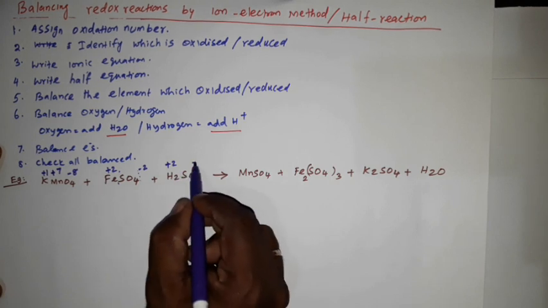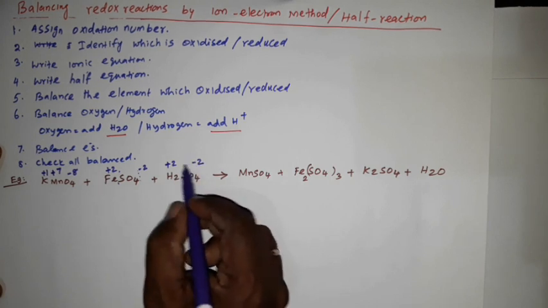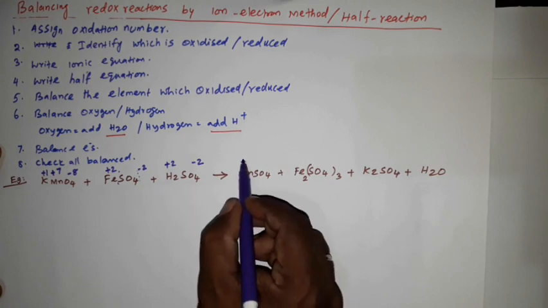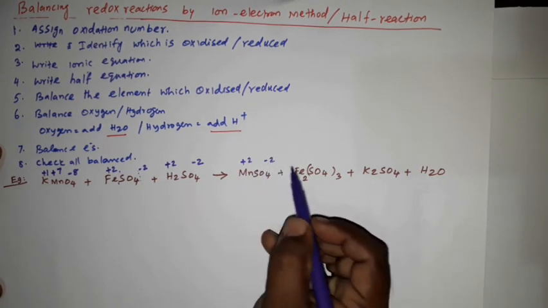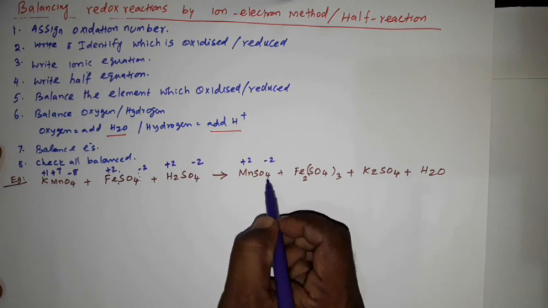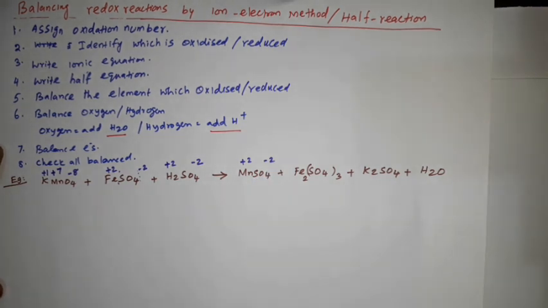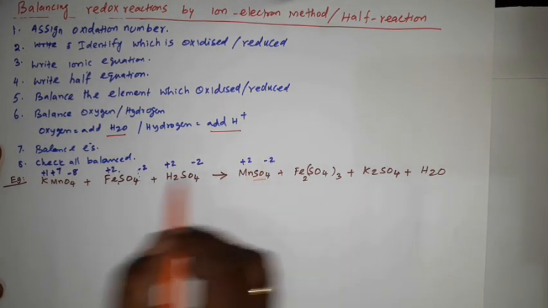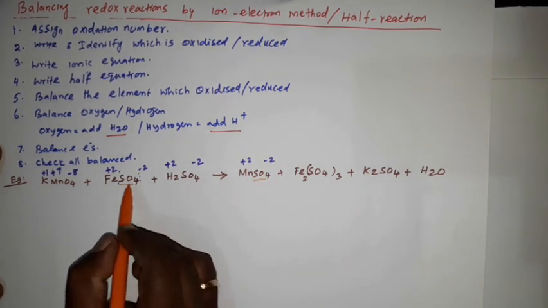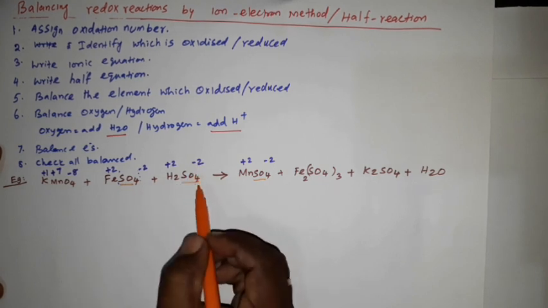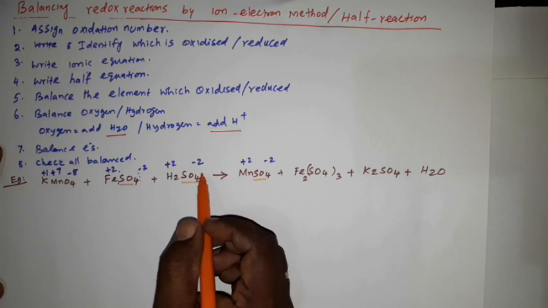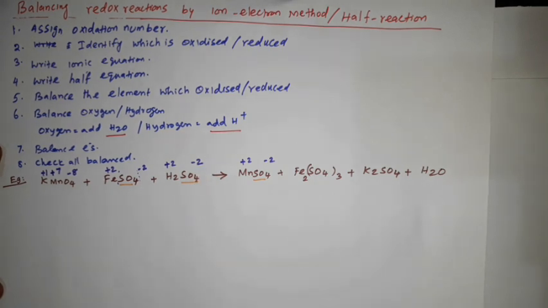This sulfate is -2, so +2 and -2 cancel. Here manganese is +2, sulfate is -2. Sulfate means SO4, so the whole SO4 has oxidation number -2. Here also SO4 is -2, and here also SO4 is -2. That's what I wrote here.